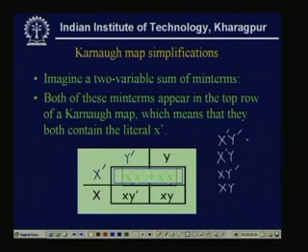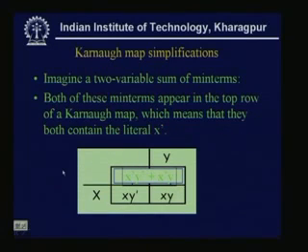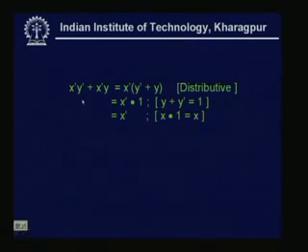So, these are the four minterms. Now, the first row is x dash y dash plus x dash y. So, this is my function.